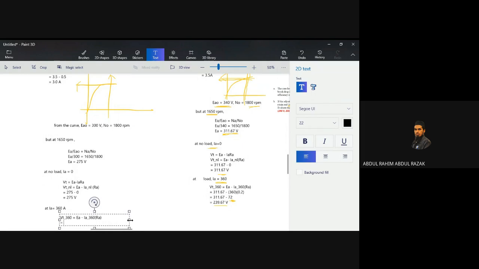Shall get your terminal voltage of 275 minus 360 times 0.2, which is equal to 275 minus 72, which is equal to 203 volt. So that's the answer.